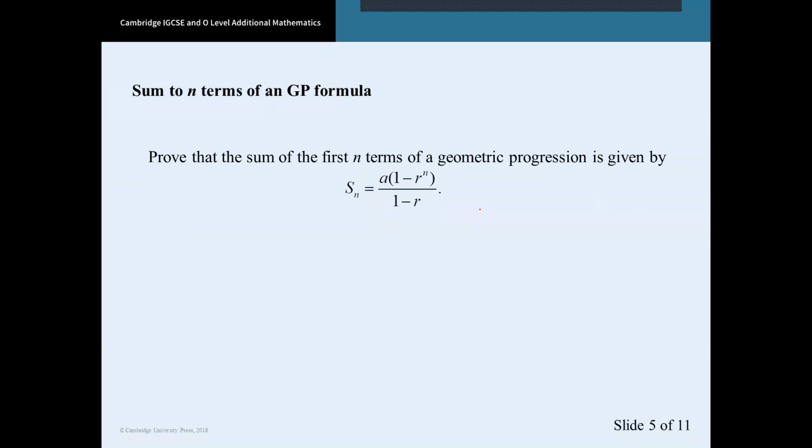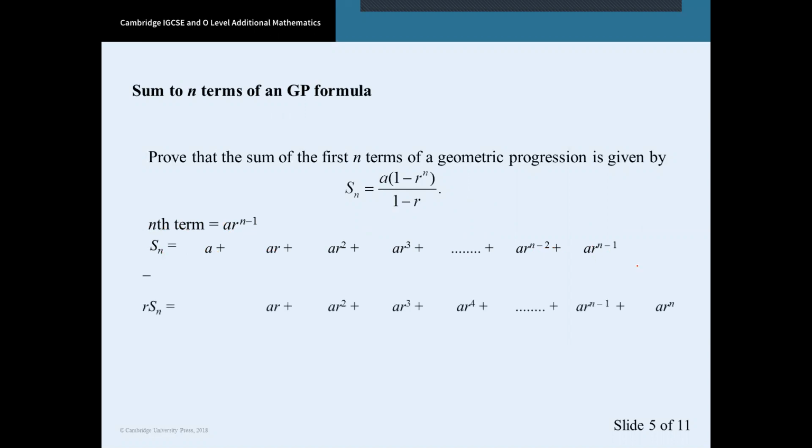Now to prove this, as you already know, the nth term is equal to ar to the power of n minus 1. So if I'm looking for Sn, I will have a plus ar plus ar squared plus ar cubed plus dot dot dot plus ar to the power of n minus 2 plus ar to the power of n minus 1.